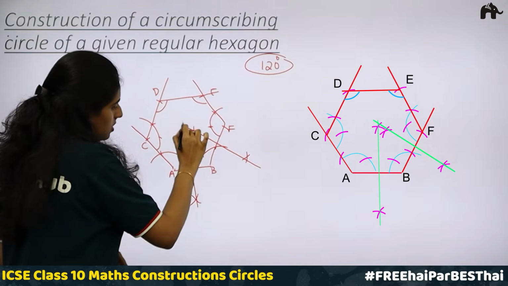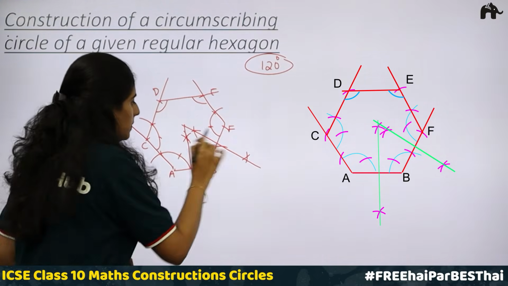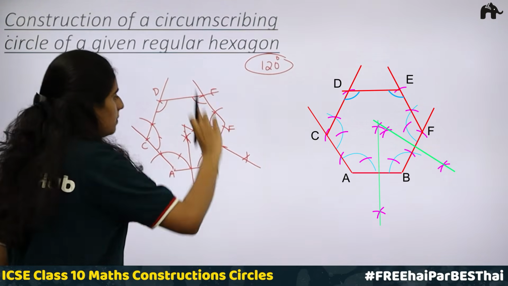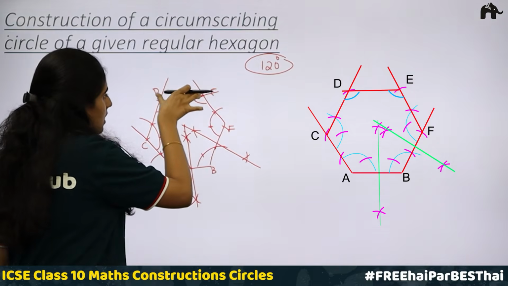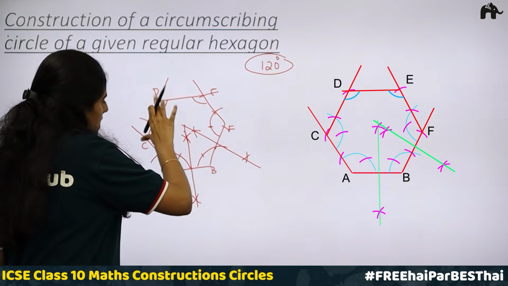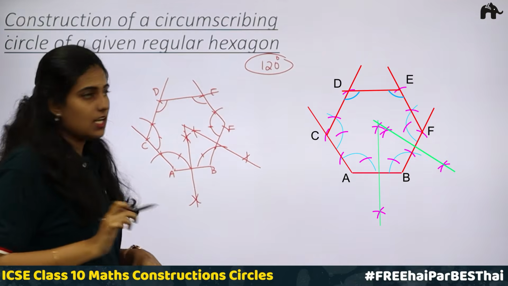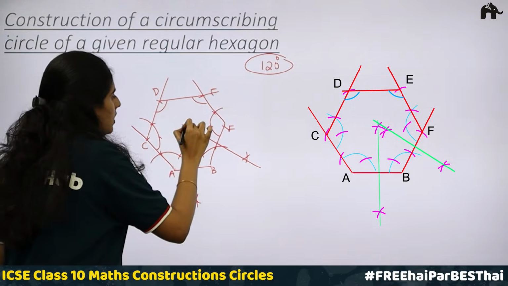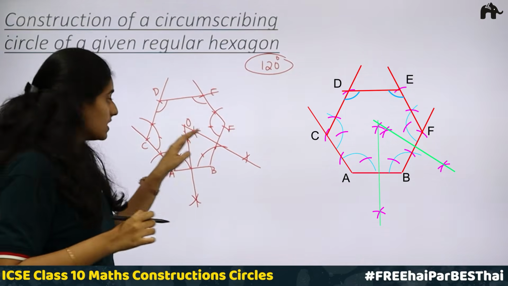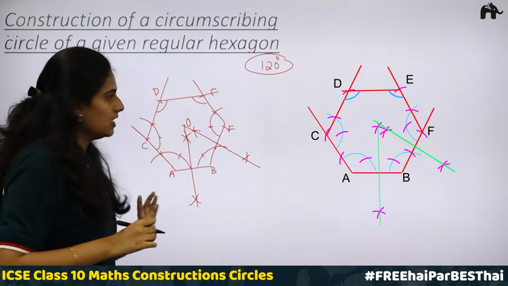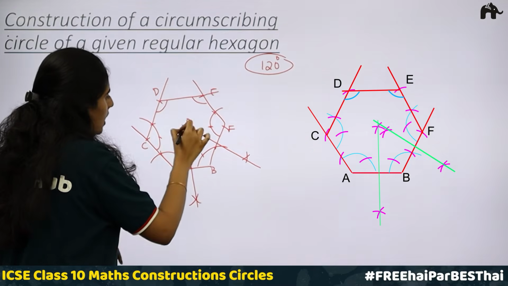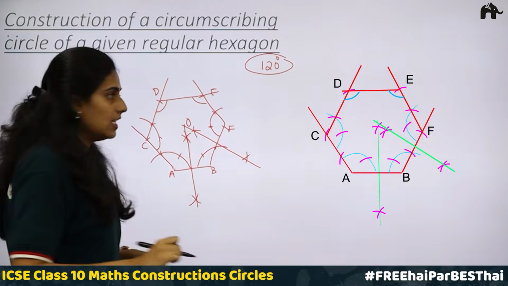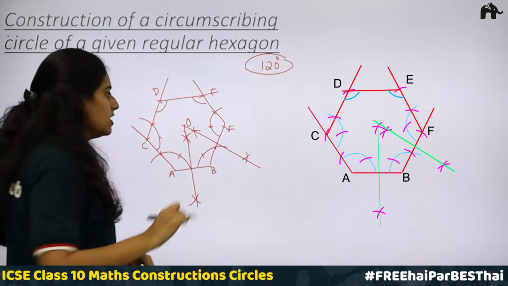And this perpendicular bisector also, when extended, these two perpendicular bisectors of AB and BF meet at a point. Now, when you draw perpendicular bisectors of EF, DE, CD, CA, etc., all of these meet at this center point. Okay, and this point is taken as O, which is the center of the circumscribing circle. Now take OA, OB, OF, OE, OD or OC as radius and center O. Draw a simple circle.